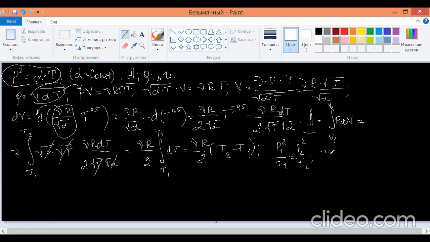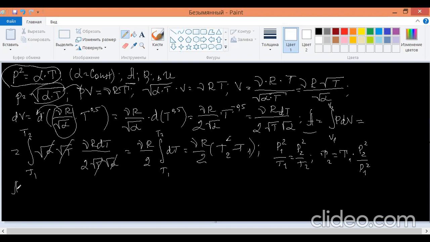And let's express the second temperature from this proportion. It's equal to T sub 1 times P sub 2 squared over P sub 1 squared. Okay, and let's plug it into this formula.